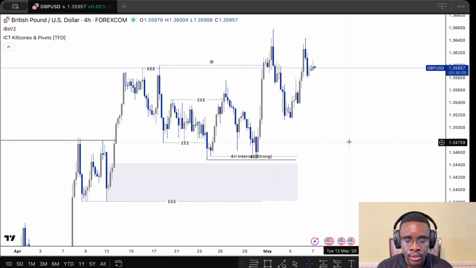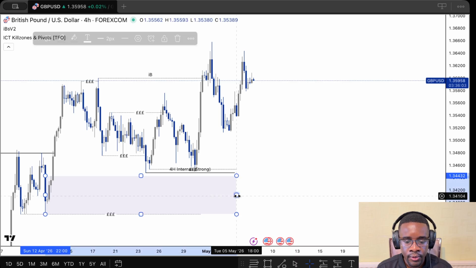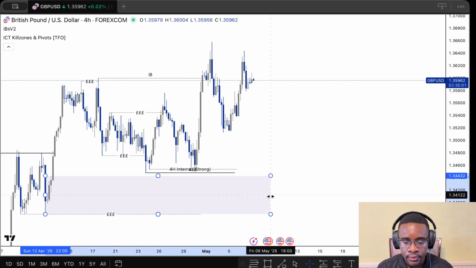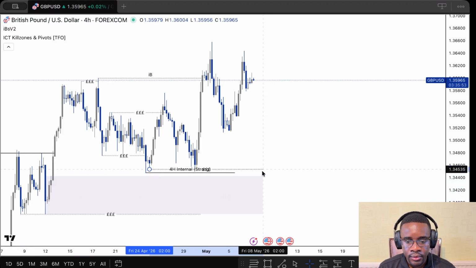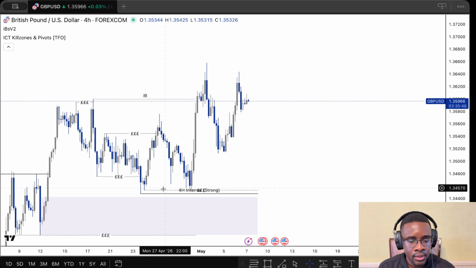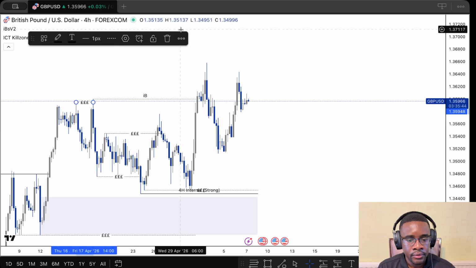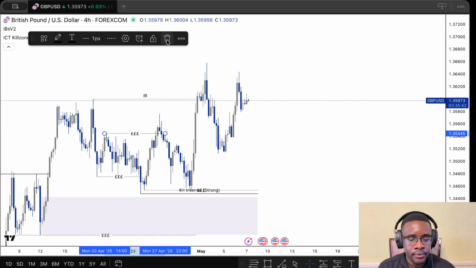So focusing in on this area. This is resting liquidity, relative equal lows. We had a break of structure. Okay, all of this has been used up, so no longer relevant.